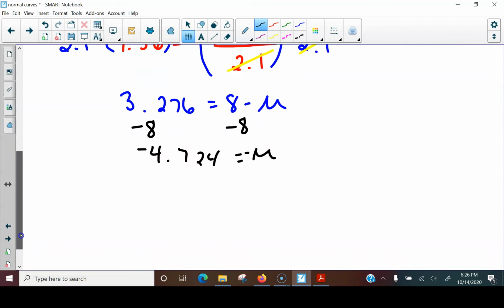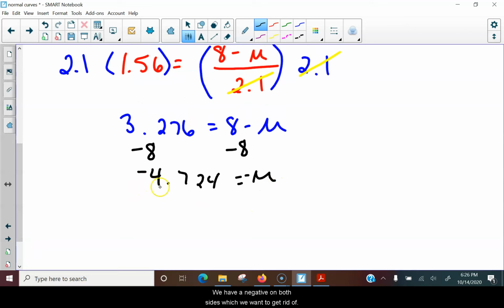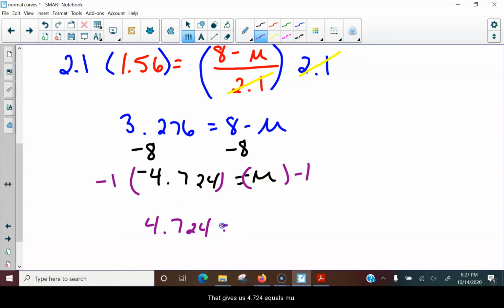We have a negative on both sides, which we want to get rid of, and we can do this by multiplying each side by -1. That gives us 4.724 equals mu. In other words, the mean lifetime for this handheld video game system is 4.724 years.